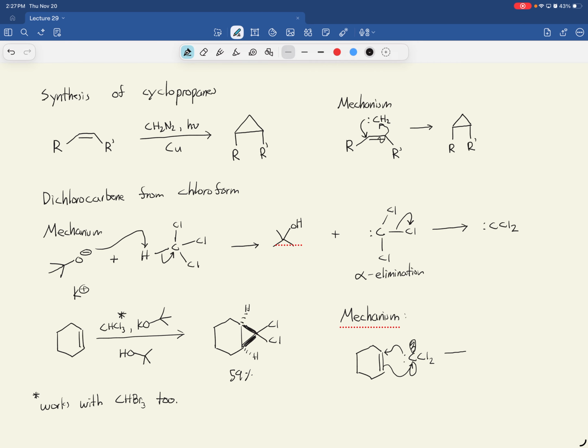All right. So what happens here is you get the carbene, and you could represent this by pointing it upwards.